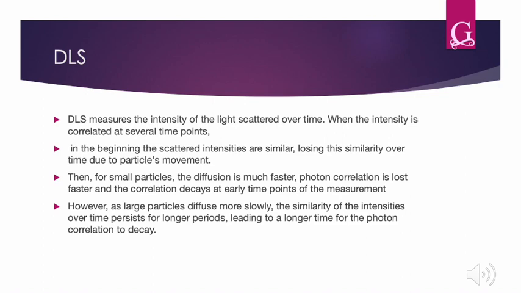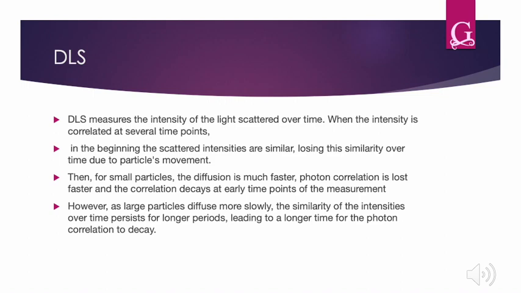يعني بكل مرحلة بكل وقت معين بيكون intensity مختلفة عن المرحلة اللي بعديها. بالبداية بتكون الintensity similar، بعد بشوي بيصير losing less due to particles movement. بصير تتحرك البارتيكلز فالintensity بتخف كتير. Then for small particles, the diffusion is much faster.